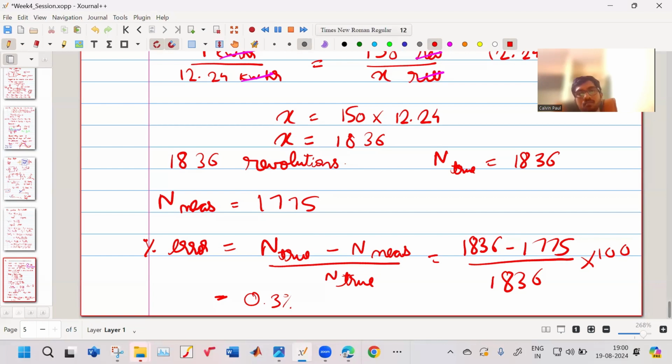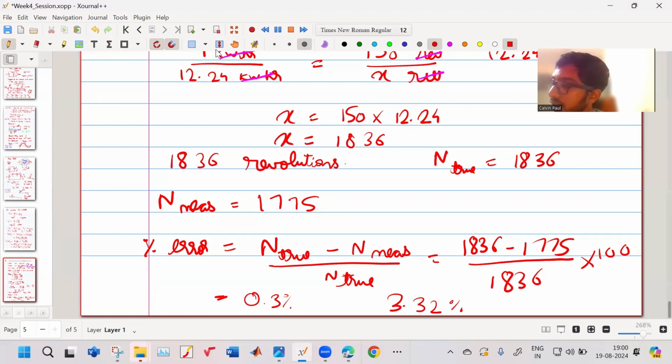Hmm. What happened to others? Muthu, 3.33 I got. You got 3 point? 3.3, 3.32. Okay. So actually it is 3.32%.